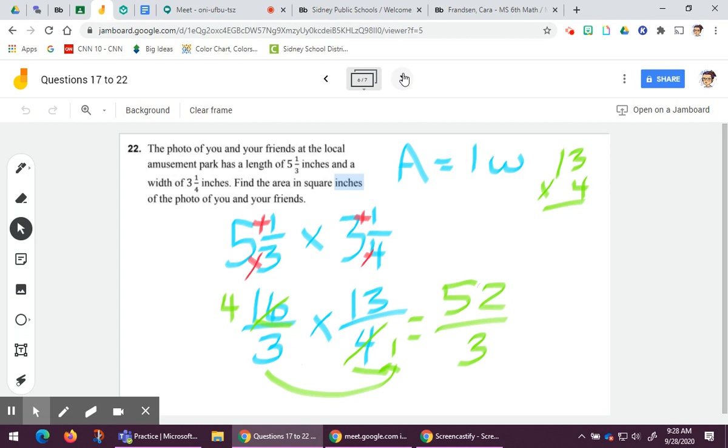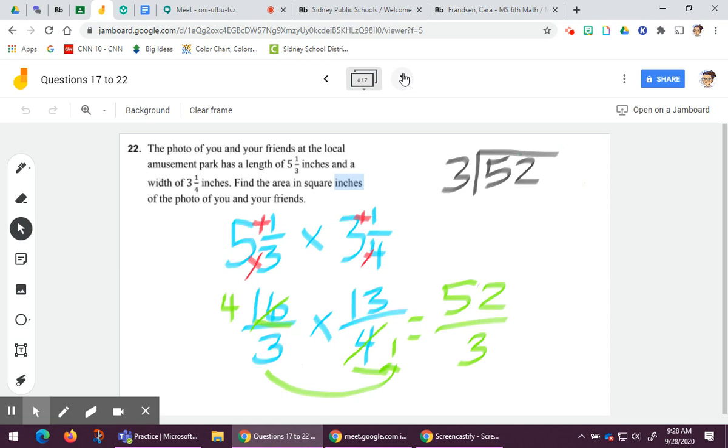Okay, so I'm going to go ahead, make some room on my paper right here. I'm going to divide it out. 52, and 3 is the divisor. It goes on the outside.